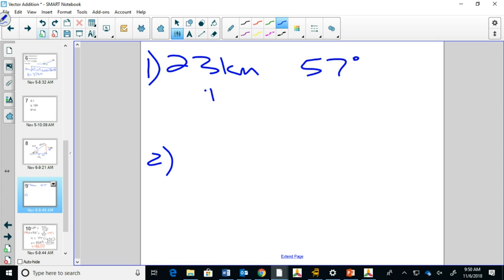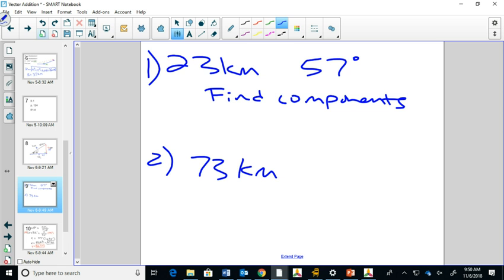And again, I want you to find the components. And number 2, if I'm going at 73 kilometers, and I want you, please, to take this at a 15-degree angle.